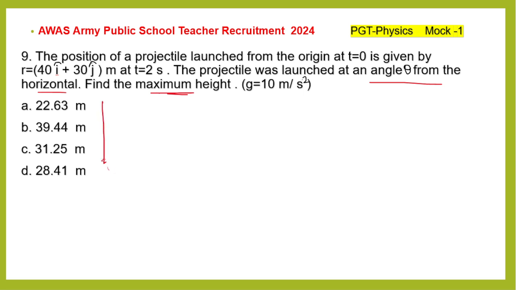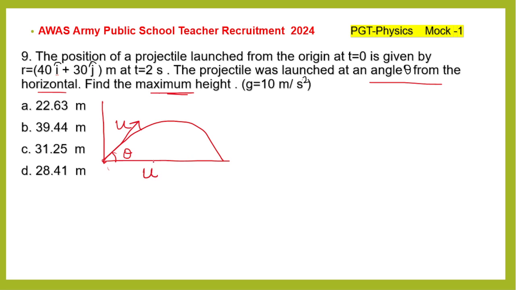This is the projectile motion, and here the initial velocity is denoted by u. This is the angle of projection.